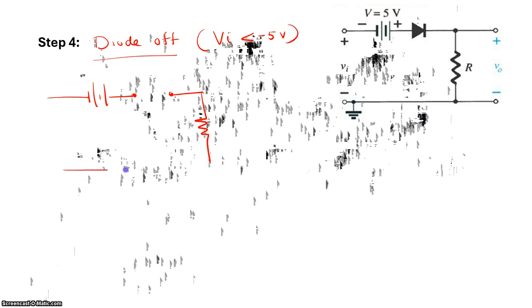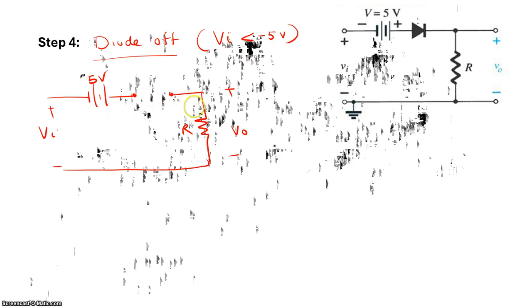So current will be equal to 0 through the circuit, and you are taking your output across this resistor R, and you apply your input here. This is your 5 volt applied voltage, and now you know that the diode is open. What is the current IR through this circuit?